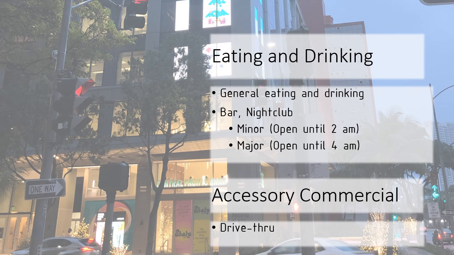Please check the master use table to see where each use is allowed. Eating and drinking establishments and bars and nightclubs also have specific development standards relating to entrances and hours of operation when close to residential districts. Please review these standards in Article 5 of the Land Use Ordinance if you're looking to establish one of these uses.